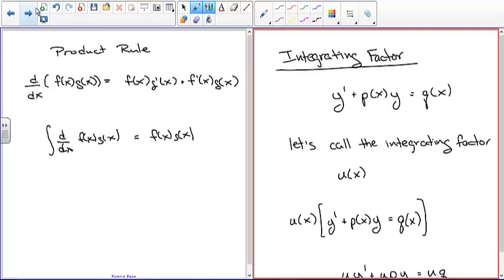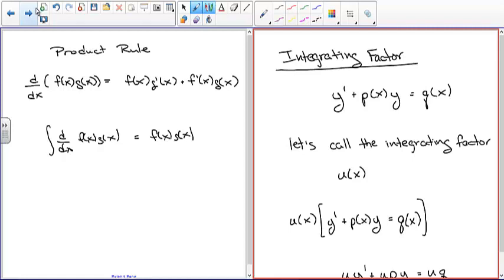What you're trying to figure out is what function I can multiply the original differential equation by such that the resulting two terms can be combined into a product. So the whole purpose of the integrating factor is to figure out what it is so the whole thing works out.